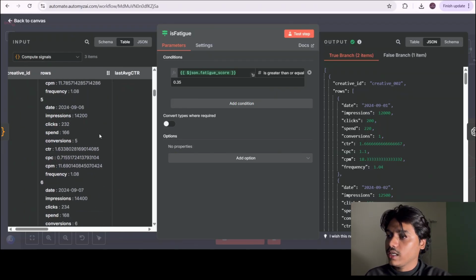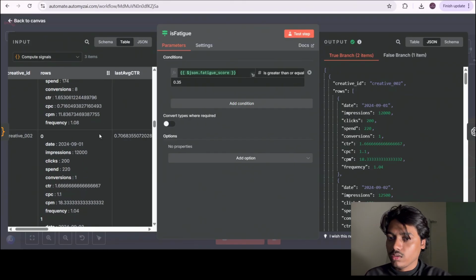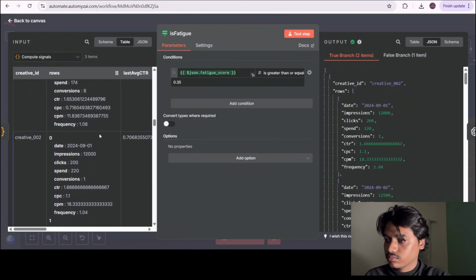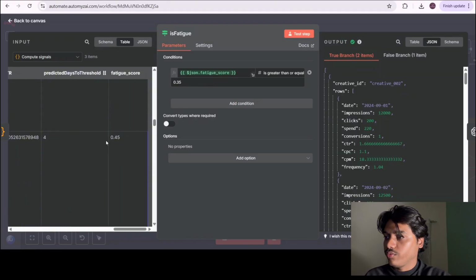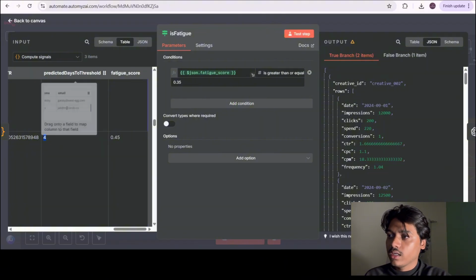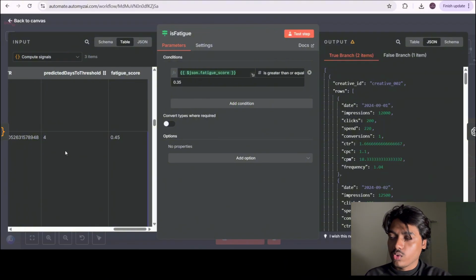But for the second and third, the values are very different. For the second one, you can see that the fatigue score is 0.45, so it is qualifying the fatigue threshold, that is 0.35. So it is considered as a fatigue, and our linear slope calculation has identified that the predicted days to threshold is 4 days.